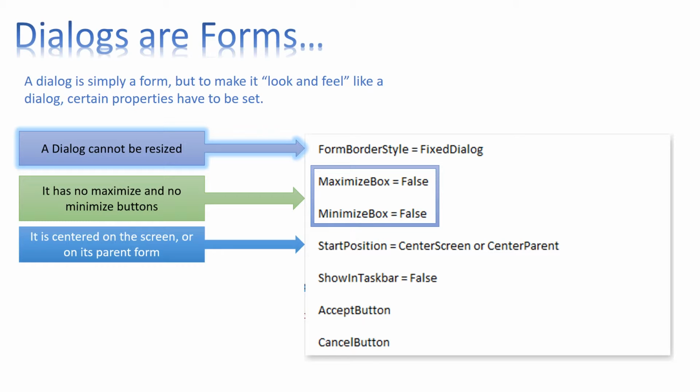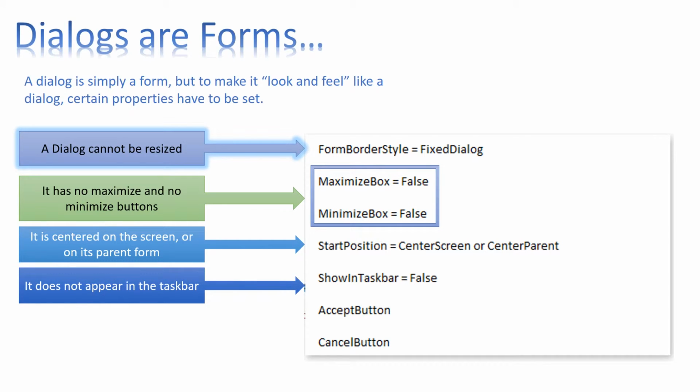When you show a dialog, you can choose to either show it in the center of the screen or centered on its parent form. So you can set its start position property to either center screen or center parent. Dialogs don't appear in the taskbar, and there's actually a very good reason for this. Applications, standalone applications, appear in the taskbar.